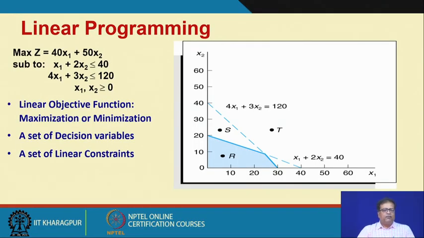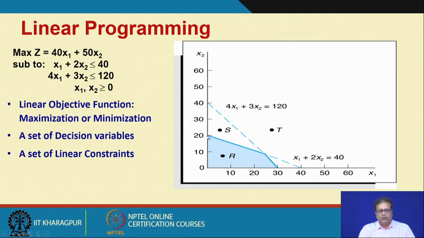So, the graphical method, if we have to solve this problem, then what we do really is find the solution space of this problem by drawing the constraints, right. How do we draw the constraints? In this manner: the first one is x1 plus 2 x2 less than or equal to 40.